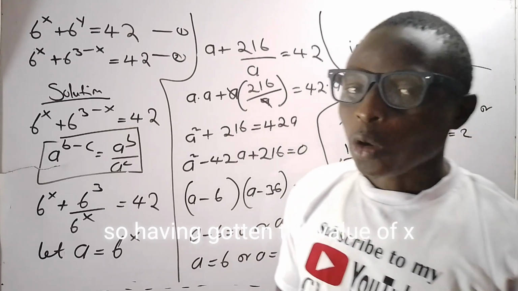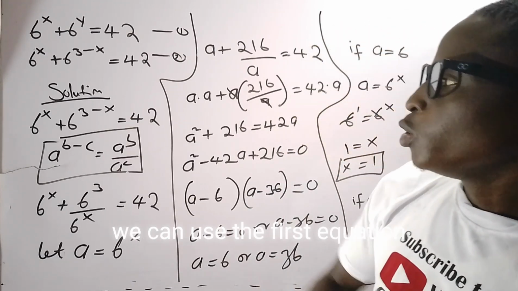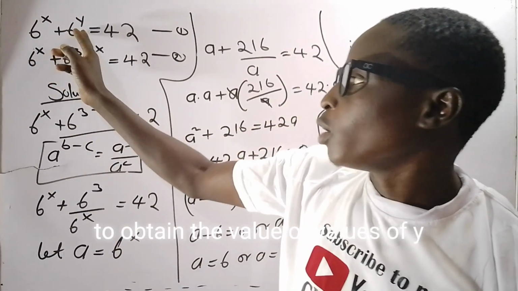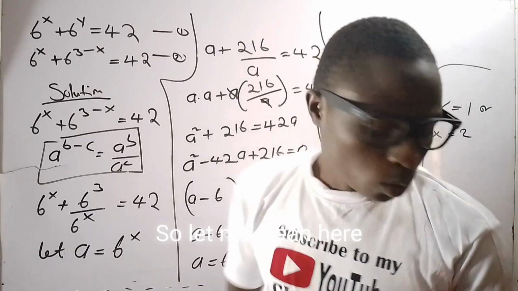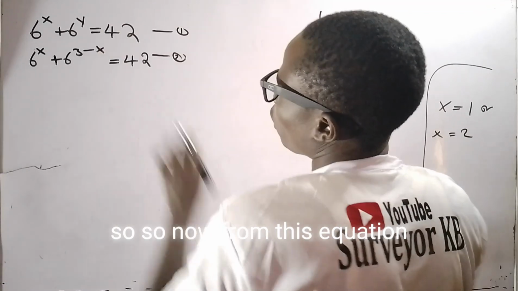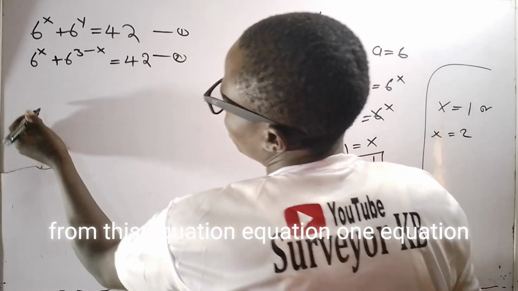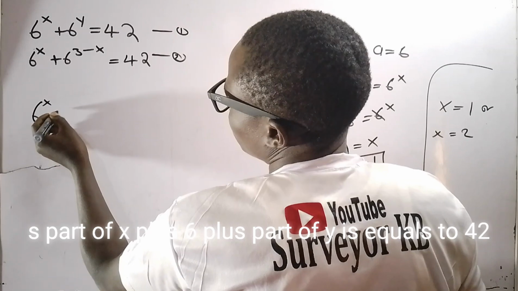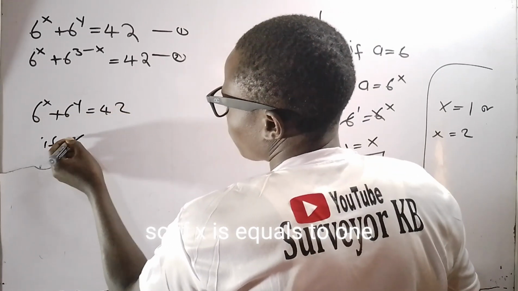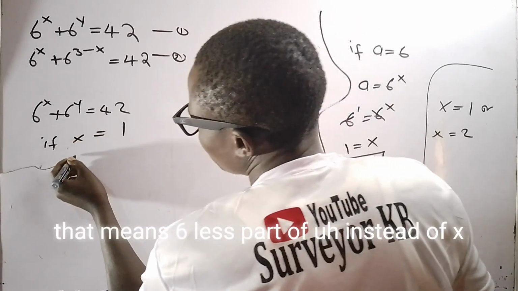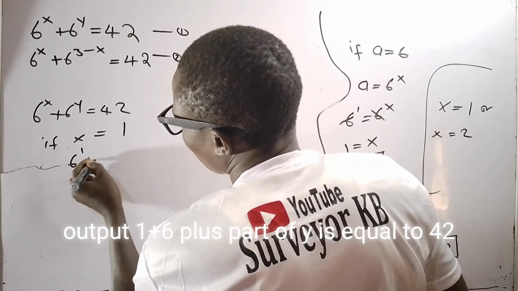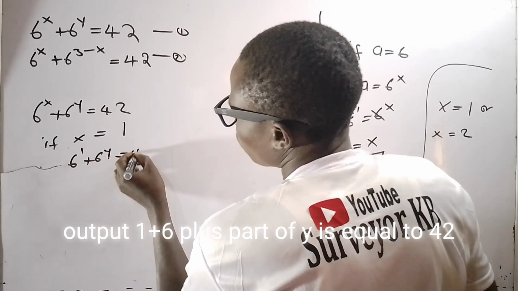So having gotten the value of x, we can use the first equation because it is carrying two different variables to obtain the value or values of y. So let me clean here. So now from this equation, equation 1 says 6 raised to the power of x plus 6 raised to the power of y is equal to 42. So if x is equal to 1, that means 6 raised to the power of 1 plus 6 raised to the power of y is equal to 42.